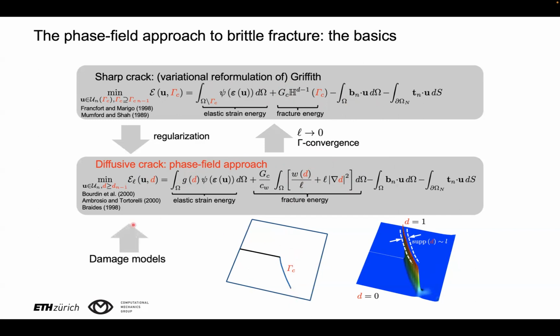But on the other hand, it has also been shown by Pham, Marigo and Maurini that the phase field model can also be constructed as a special family of gradient damage models. Indeed, you see here that we have the gradient of the damage, but this is a special family of gradient damage models which are variationally consistent and which have this additional gamma convergence property to the sharp crack formulation.